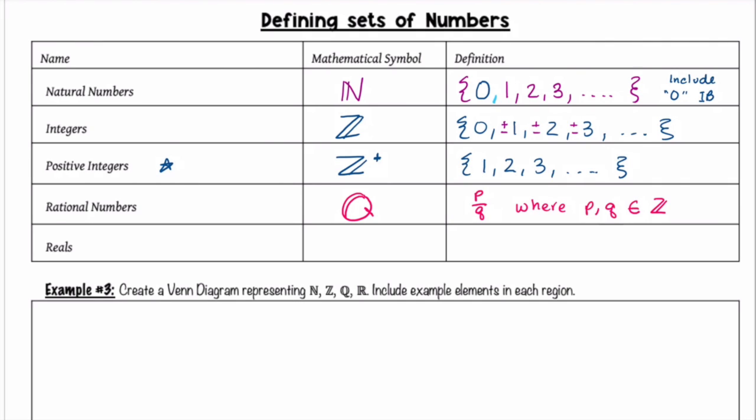You could have positive, negative fractions, and so forth. And then we are finally up to the reals, the set of reals, double R, which would be all numbers on the number line. So every single number that I can place on a number line.